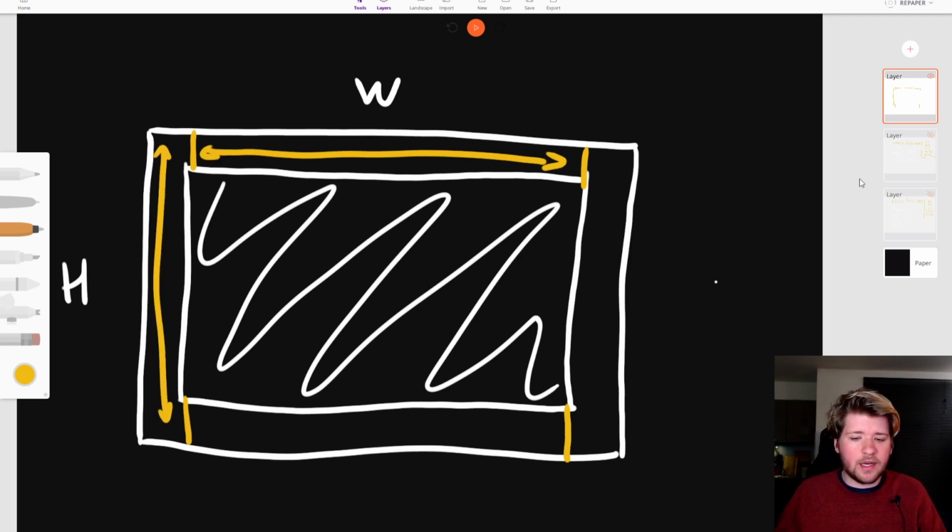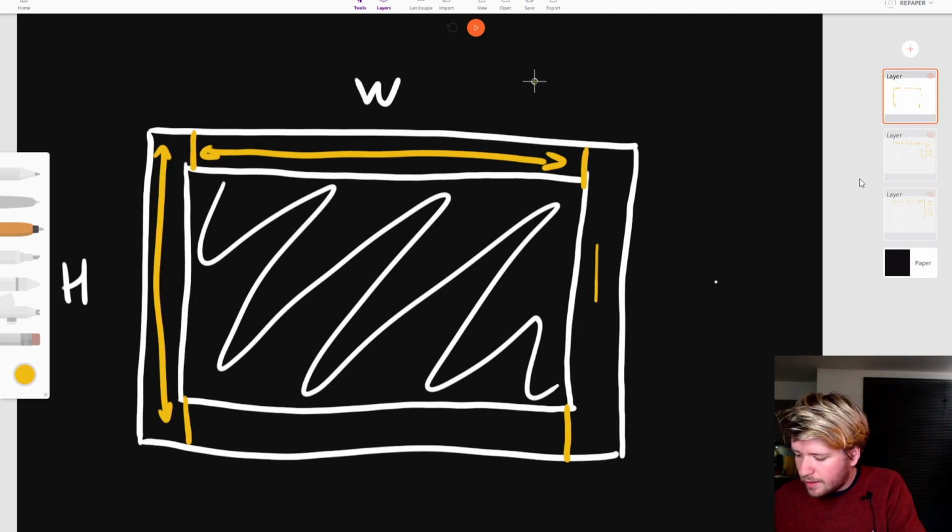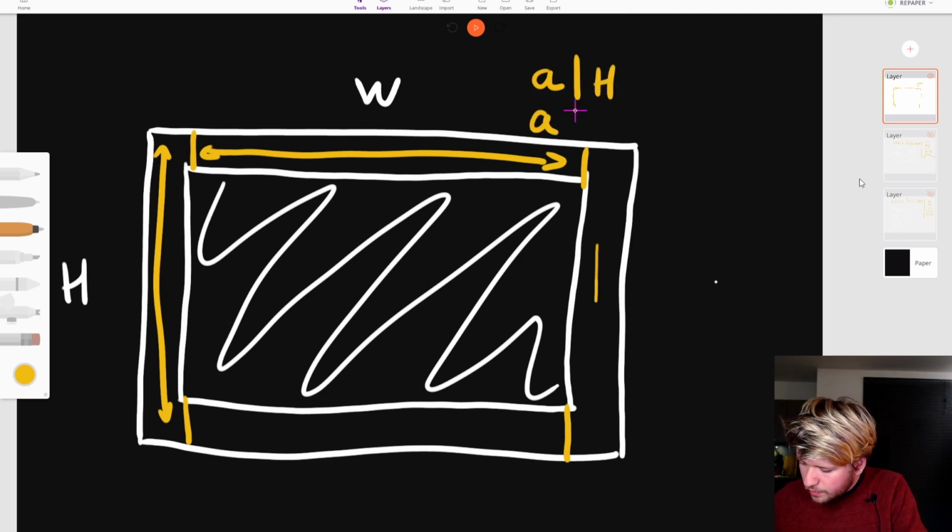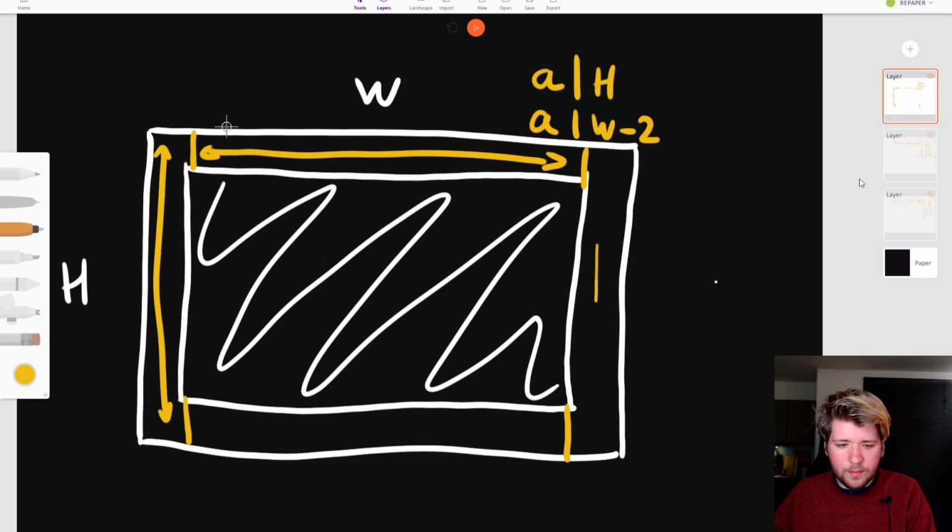The other 2 are actually equal to the opposites, so it's fine. But it means that A will be a divisor of H for that value on the left, and also A will be a divisor of W minus 2 because it's the width of the group on the top.